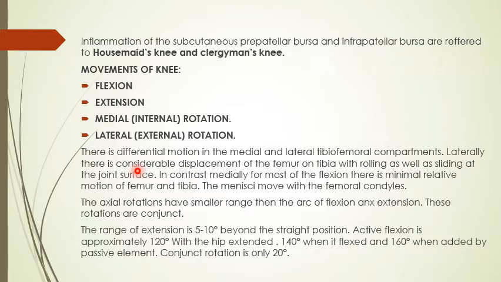If it moved on in the same way, it would come in front of the tibia. So to avoid its movement coming in front of the tibia, it undergoes backward gliding and forward rolling. The lower end of the femur rolls forward and also glides backward, so that in full extension the long axis of the femur and the long axis of the tibia are in one line, making an angle of 180 degrees anteriorly as well as posteriorly.